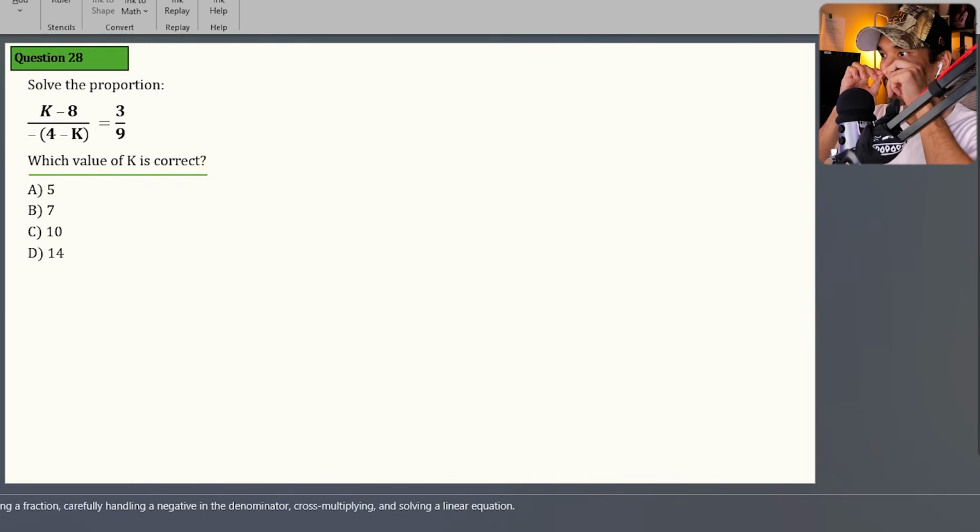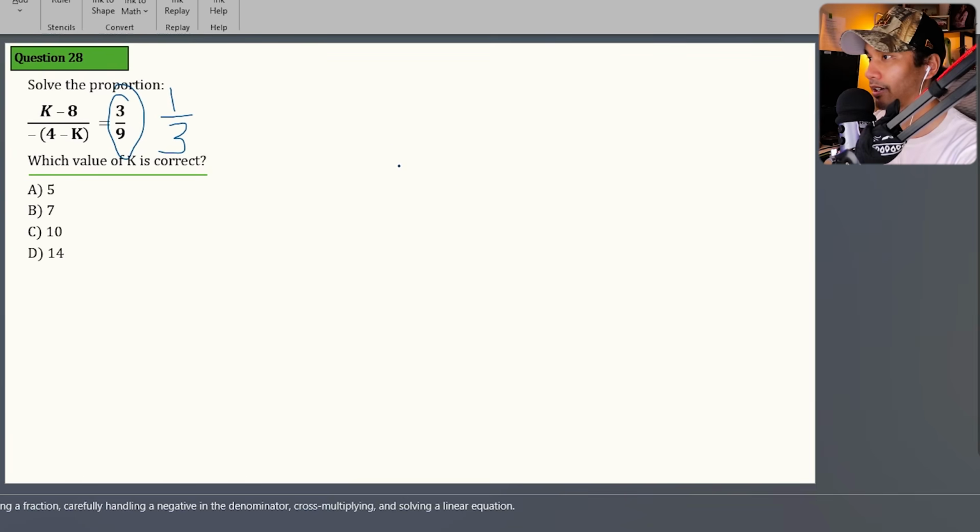So, question 28. Which value of k is correct? Okay, so the first thing I would do is just simplify this. So this actually is 1 over 3. Okay, 1 over 3. So what we would do here is cross multiply.